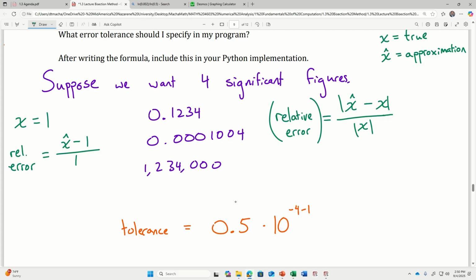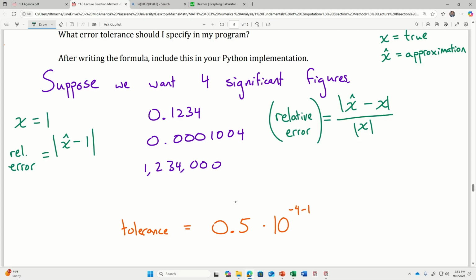And dividing by 1 doesn't change anything. So it's just x hat minus 1. That's my relative error. And so if I guarantee that this is below a particular tolerance, then it should give me a certain number of significant figures, starting with the ones place.